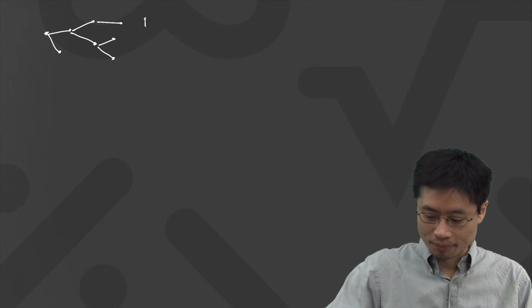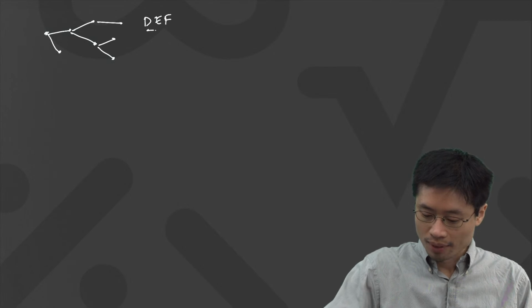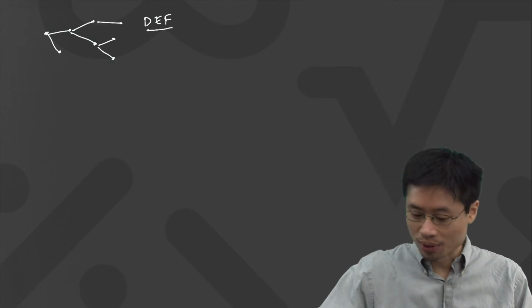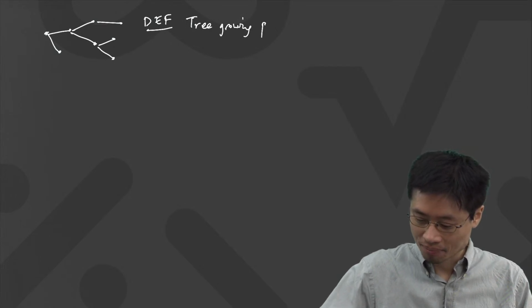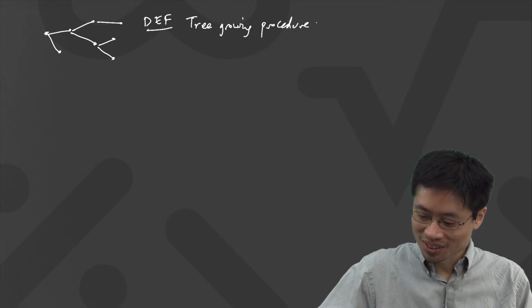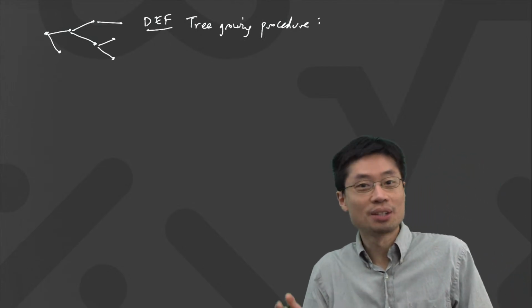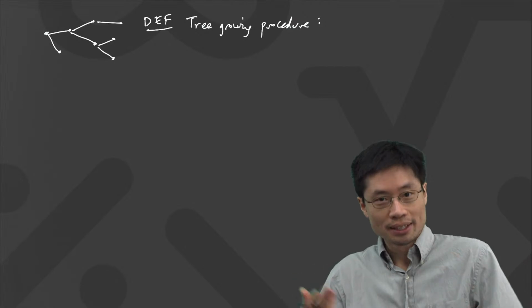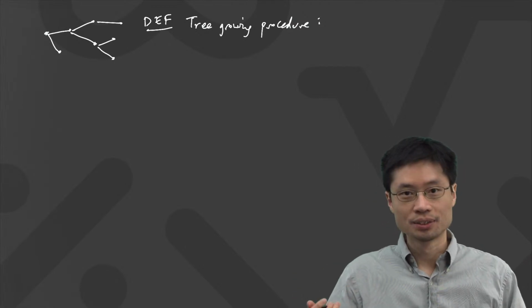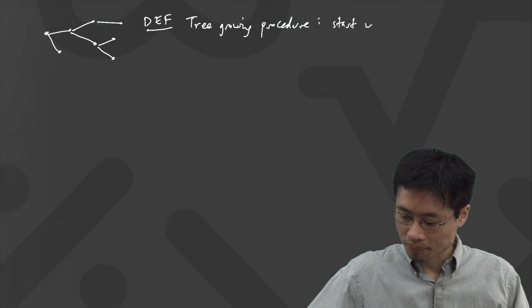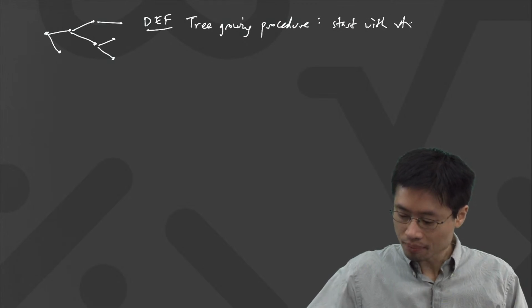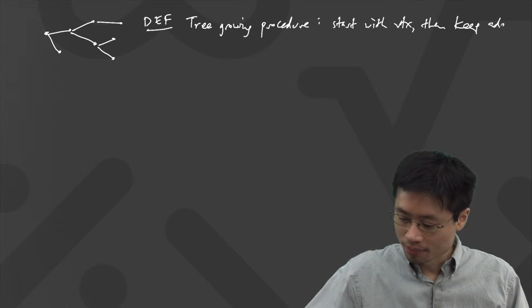And I could think of a definition of something called a tree growing procedure. Tree growing procedure: you start with one vertex and you just keep adding on a vertex and an edge over and over again.